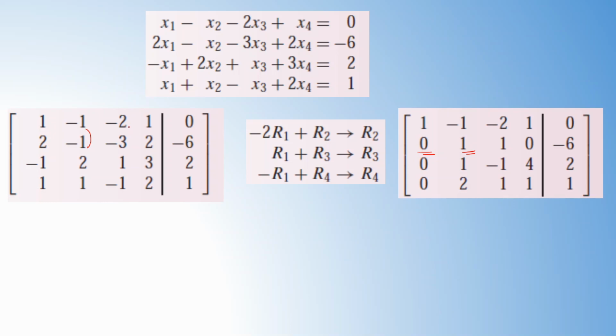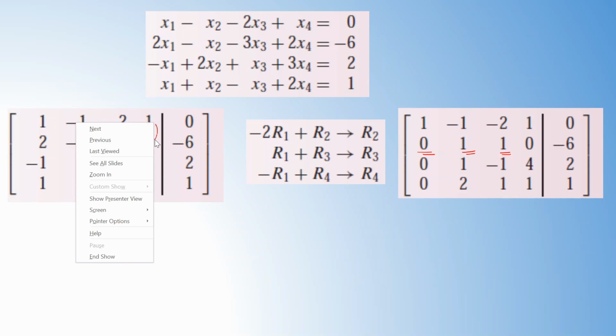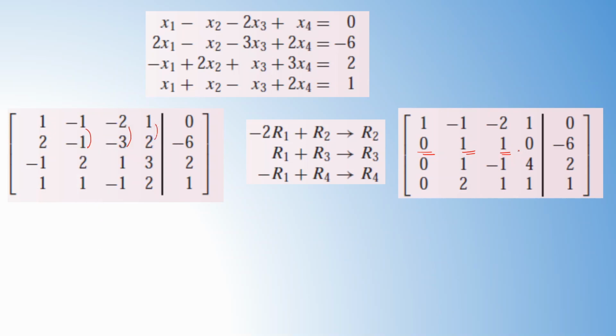Minus 2 into minus 2 is 4. 4 plus minus 3 is 1. So 1 into minus 2 is minus 2. Minus 2 plus 2 is 0. And 0 into minus 2 is 0. 0 plus minus 6 is minus 6.